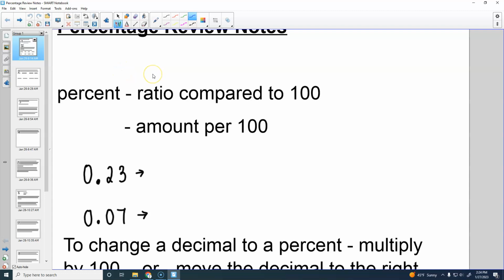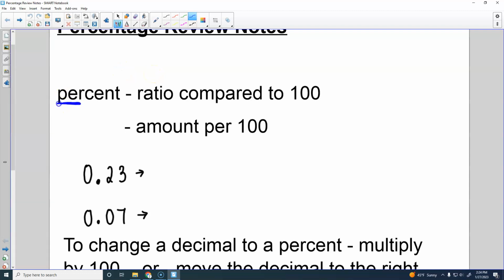So, a percent is a ratio compared to 100. Per, right, means like for every 100. Cent is a lot of times a prefix to a word.